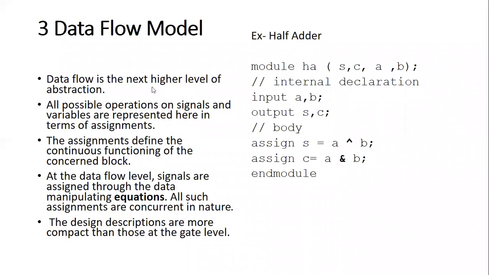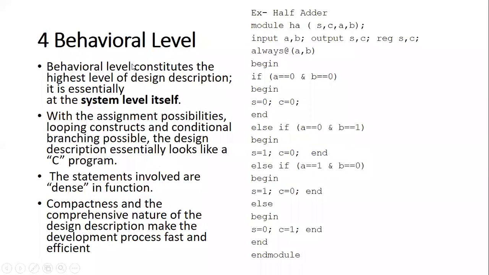The next modeling style is the behavioral level. Behavioral level constitutes the highest level of description, because it describes the system itself. It is nothing but a replica of the system, explained in a programming language.